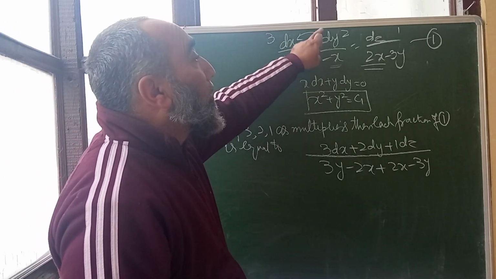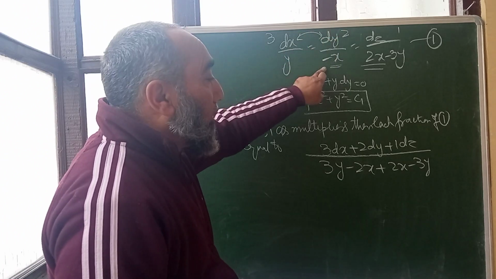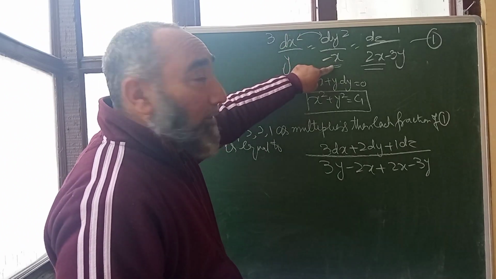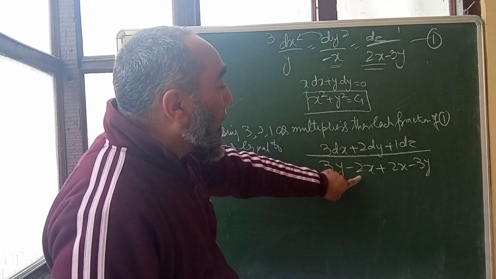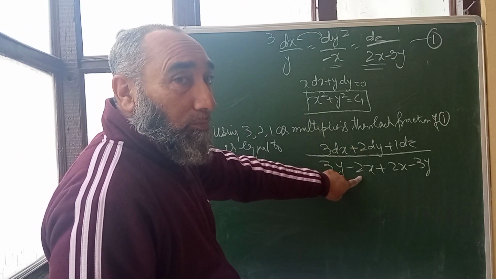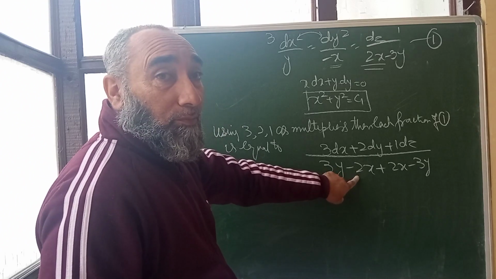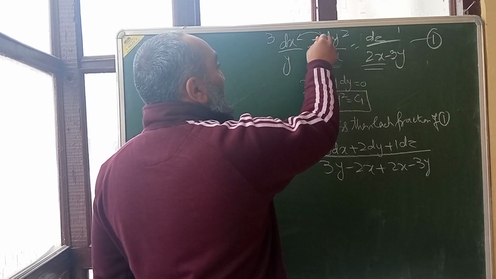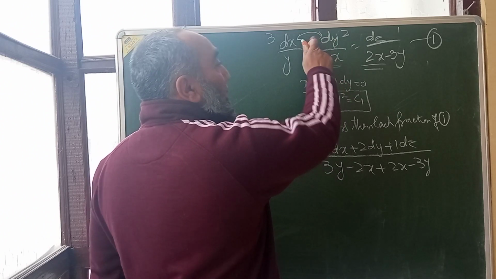Multiplied this by 2 in the numerator as well as in the denominator. It is not 2 here and minus 2 here. If I will write minus dy by x, remember it, then I have to write here minus 2. If I will choose this as minus, then I have to choose here something else so that this will cancel.